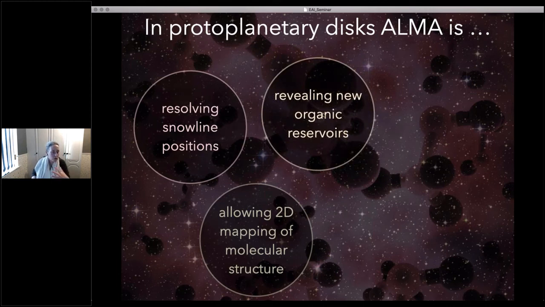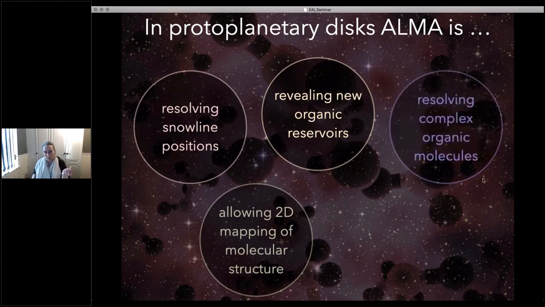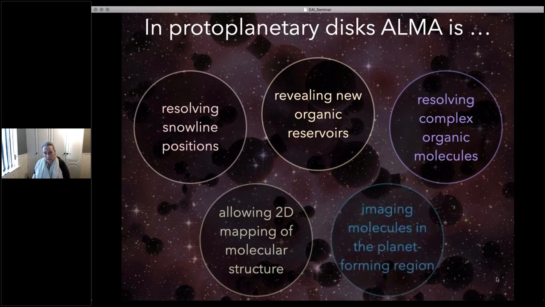We're starting to reveal these new organic reservoirs, so we're starting to see emission from these larger molecules at much higher resolution as well. And we're seeing these organic molecules, especially complex organic molecules, and in particular we're seeing that the cyanides are quite abundant. For those of you interested in prebiotic chemistry, cyanides actually play a critical role in some of those mechanisms.